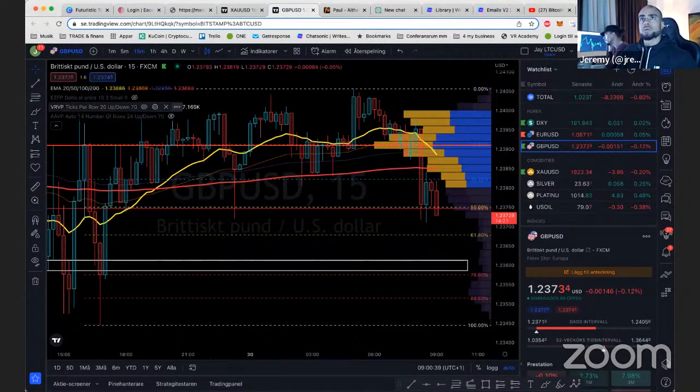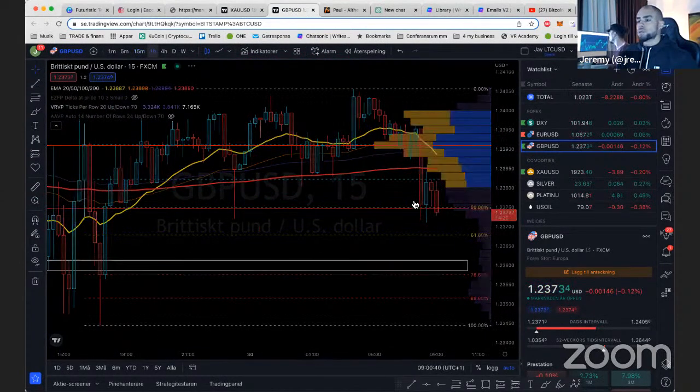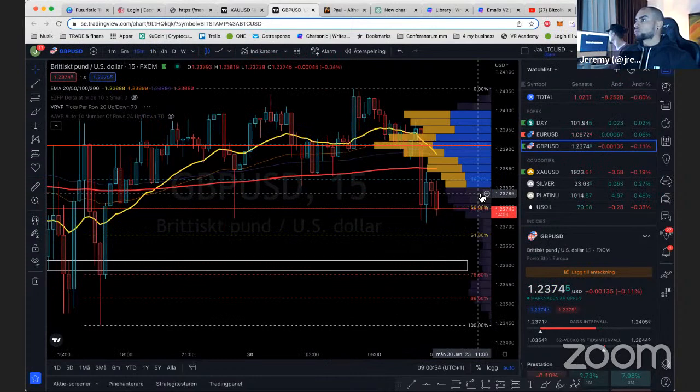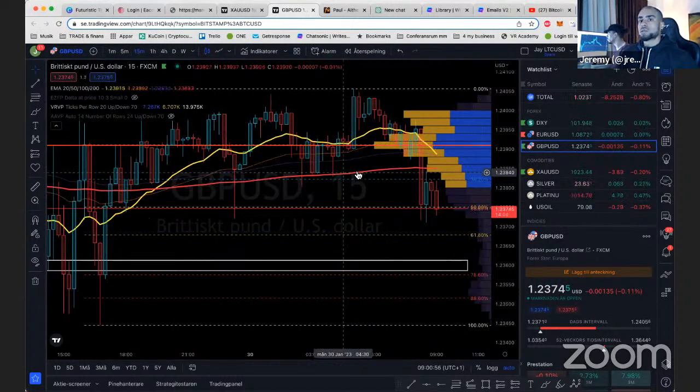All right, so markets just opened, and we're looking at GBP USD. Always starting with GBP at this time because I want to see how it reacts to the market open.